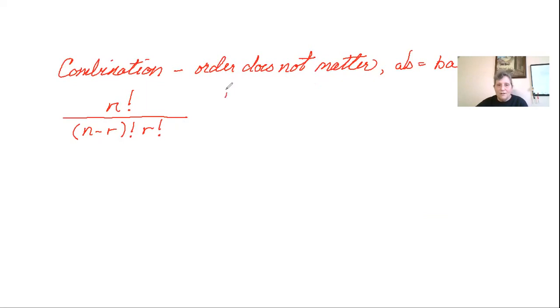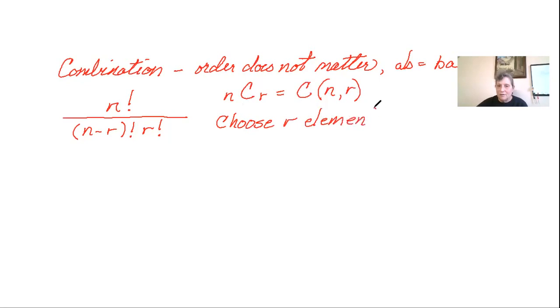We would write this as nCr. Remember, with the permutation, the symbol can be nPr, or you may see it written as C(n,r). It means we're going to choose r elements out of n.